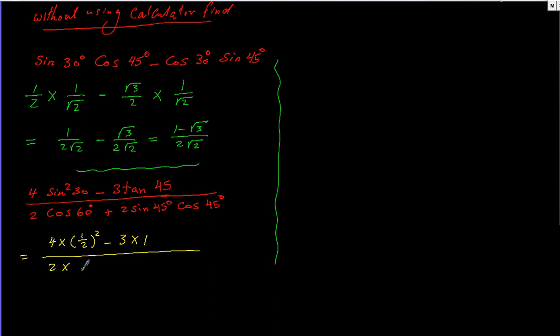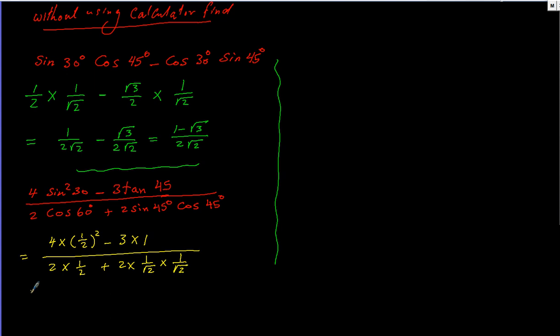Cosine 60 equals a half, plus 2 times sine 45. Sine 45 equals 1 over root 2, multiplied by cosine 45, also 1 over root 2.